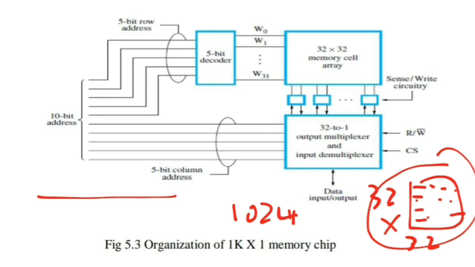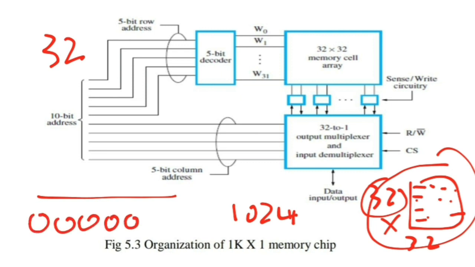Now for distributing the number of rows, see, 32 rows means how much? As I told you initially, if there are 32 rows, you would have 5 address bits. The rows are W0 to W31, which means 32 rows.